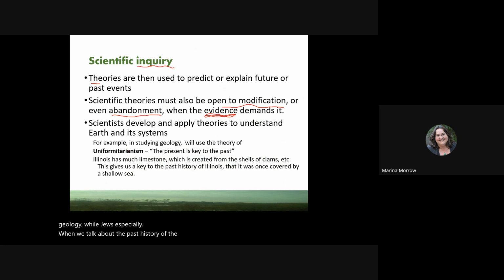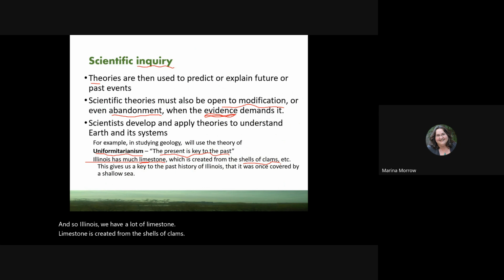And so one of the theories that we'll use is called uniformitarianism. And the idea there is the present is the key to the past. Because all we can look at in our planet is what is here currently. So we have to look at what's here now to understand the past. And so in Illinois, we have a lot of limestone. Limestone is created from the shells of clams.